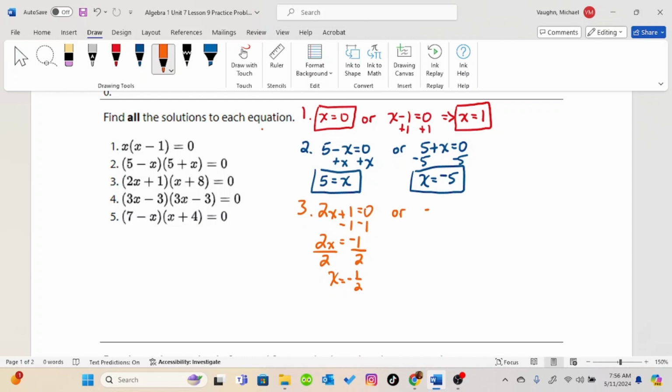Or x plus 8 equals 0. We subtract 8 from each side, and x equals negative 8. Again, number 3 has two answers.